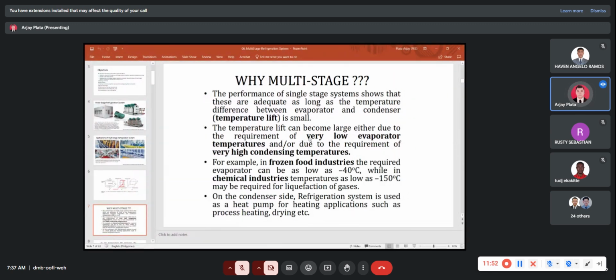As I have said, mostly it is used in applications like cryogenic applications because it requires ultra low temperature like -150. On the condenser side, the refrigeration system is used as a heat pump for heating applications such as process heating, drying, and others.